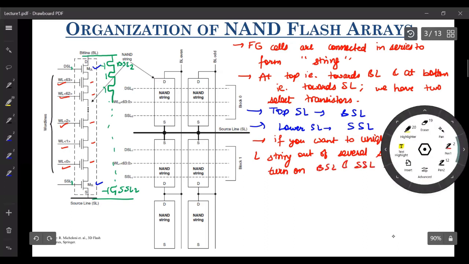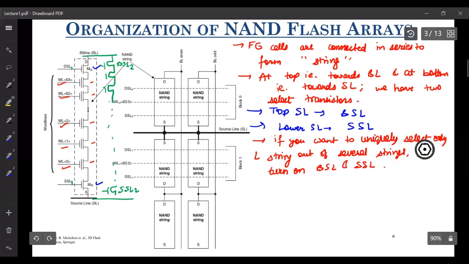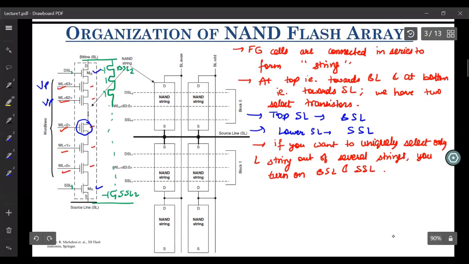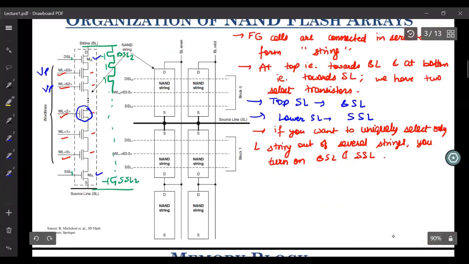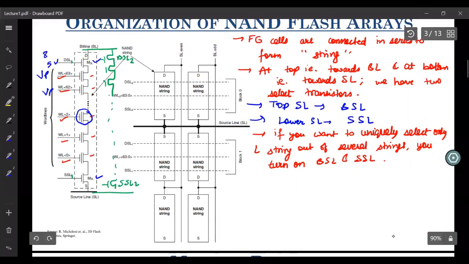And then, after you turn it on, suppose you want to read the characteristics of this cell, you apply VPass to all the others. VPass is a very high voltage, close to 5 volts, or close to 8 volts for 3D NAND flash.